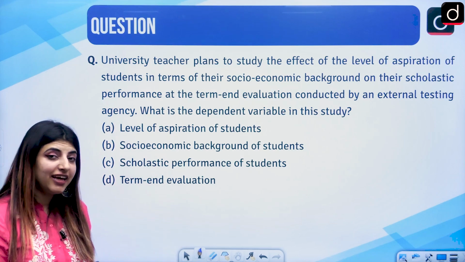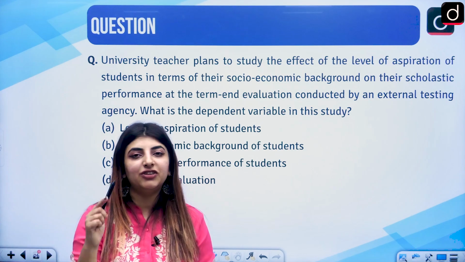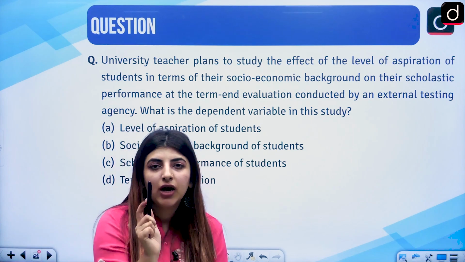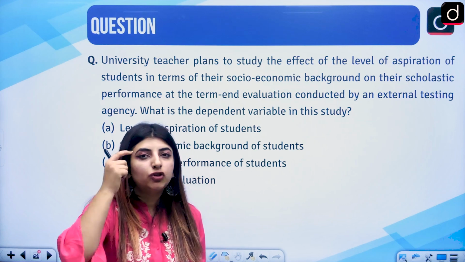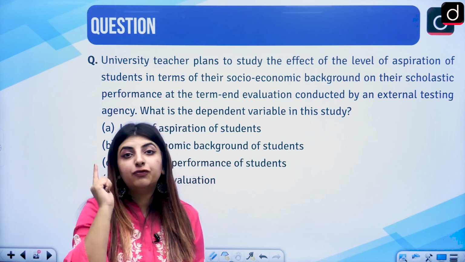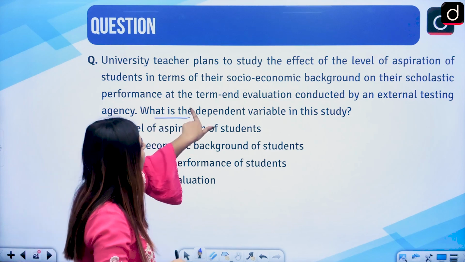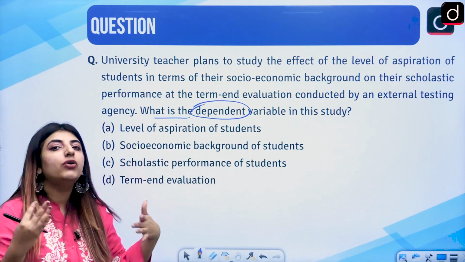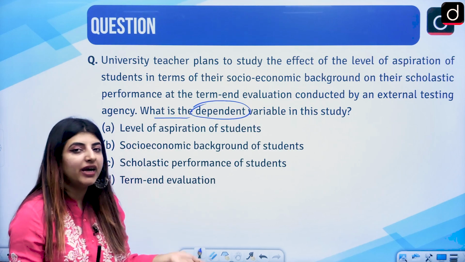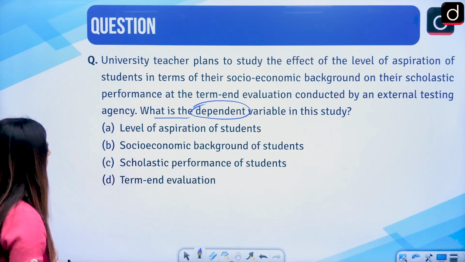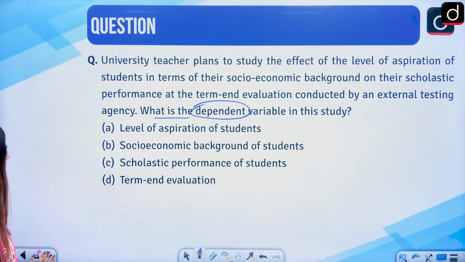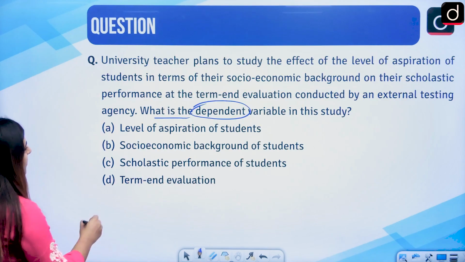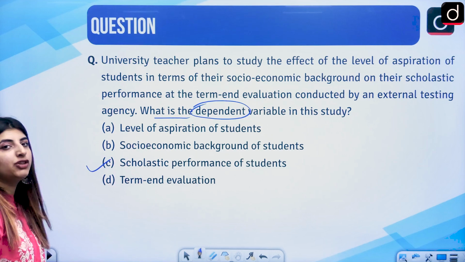So you see, they ask you these long questions just to confuse you, but we are supposed to open our minds and focus. So what is the dependent variable here, which is the outcome on which we are measuring the effect? The answer to this question is option C, that is scholastic performance of students.